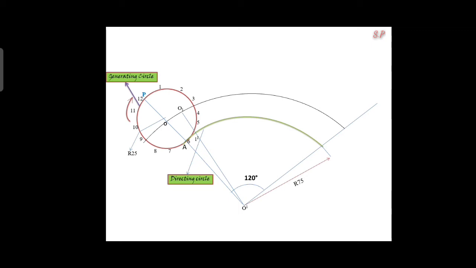Next you take another 10 degrees. The intersecting point is O2, and this is 2 dash. Next another 10 degrees. That point is O3 and 3 dash. In a similar way you divide the angle into 12 equal parts.